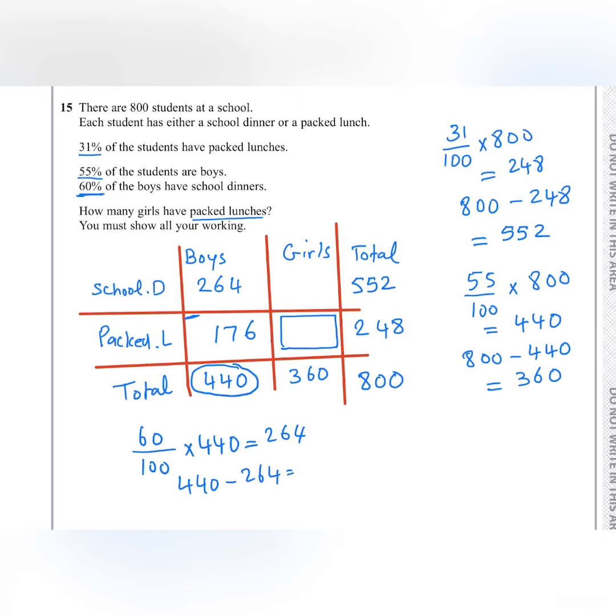There are 248 people altogether who have packed lunch, but 176 boys have packed lunch. So 248 minus 176. Okay, and that is 72. So 72 girls have packed lunch.